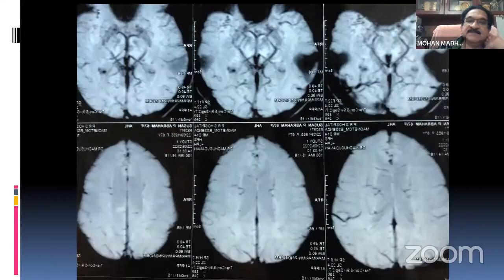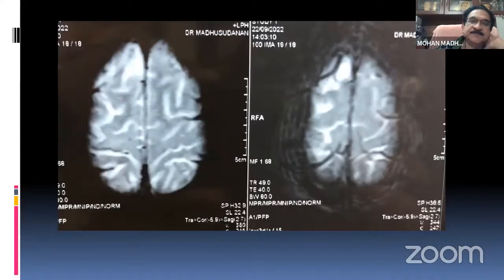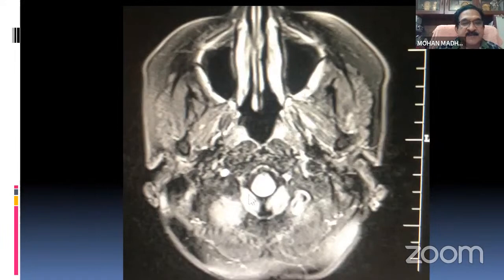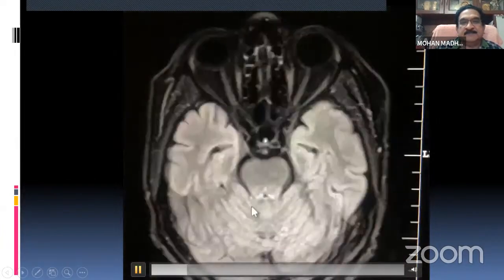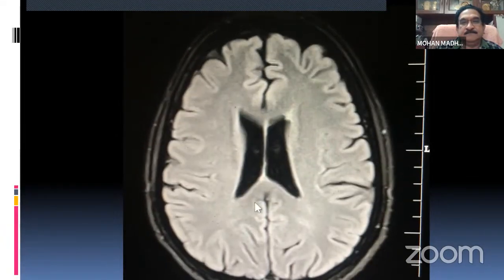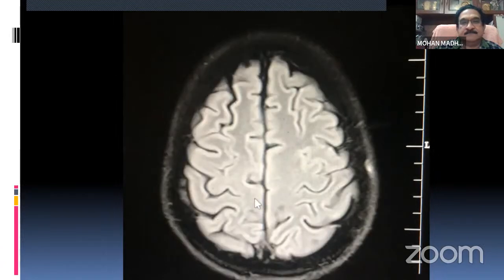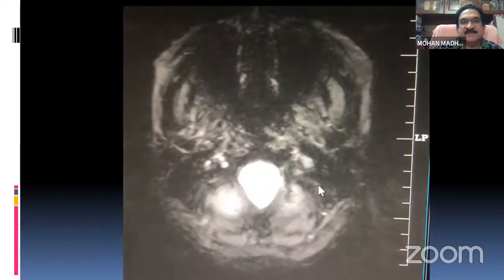Then the uppermost, this is the SWI. I'll show the other films also. Now this is the FLAIR sequence from below upward. This is the SWI.